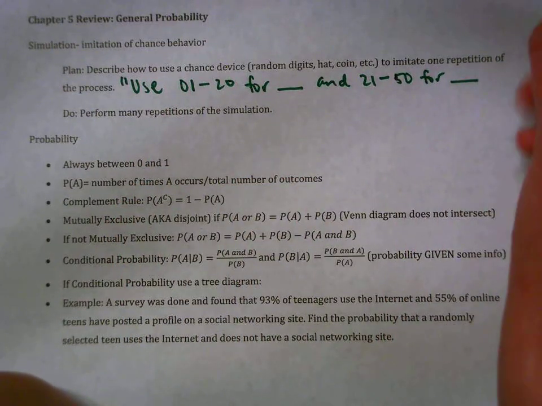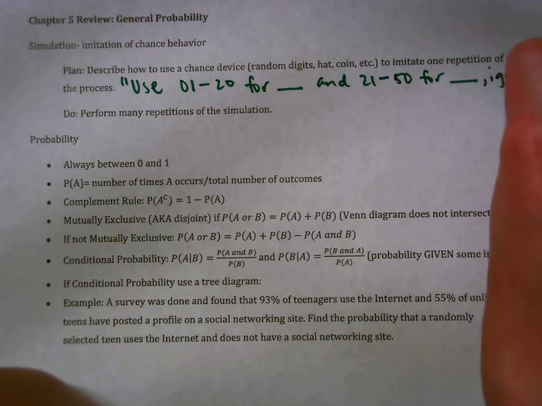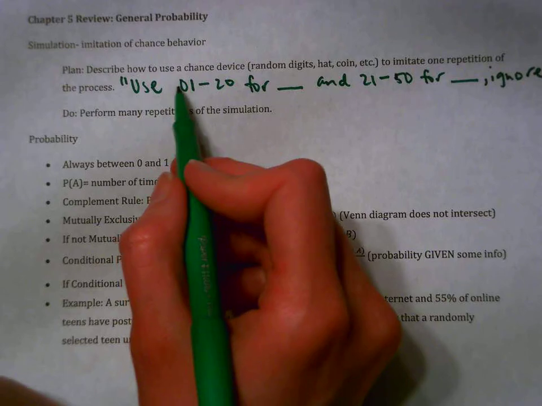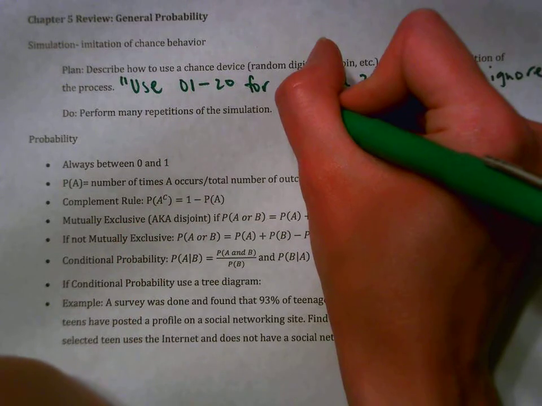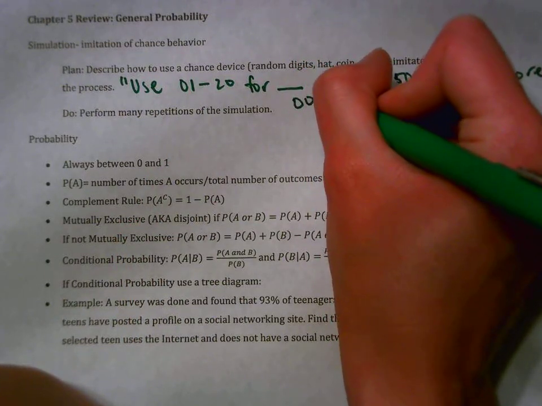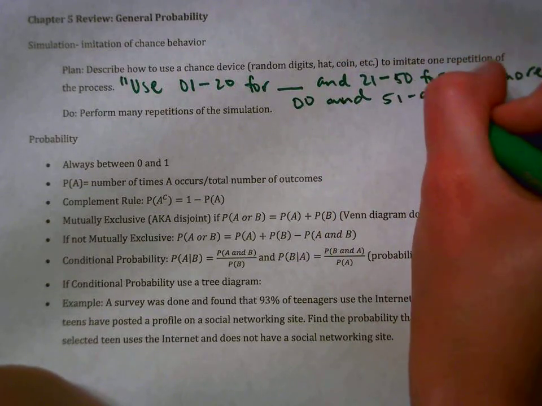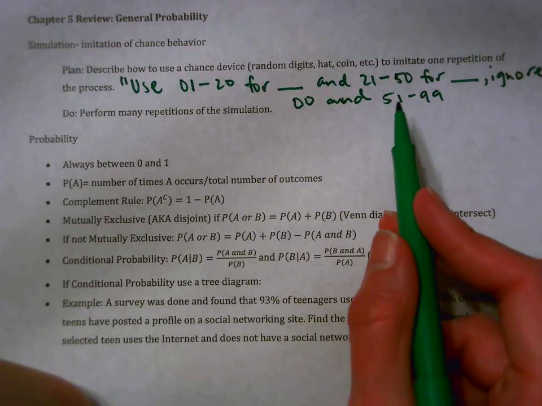And then you have to say ignore. So you first assign, then you say what you are ignoring. If you notice, we started at 01, so you would need to ignore 00, and 51 to 99, any other 2-digit combination.